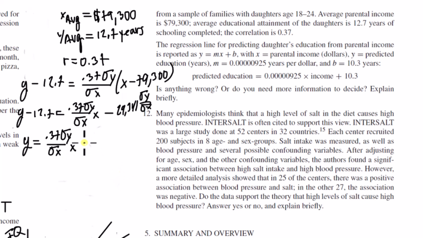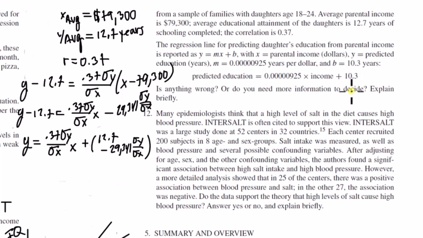Then we want to do plus 12.7 minus 29,341 sigma y over sigma x. Okay. Does that help us?